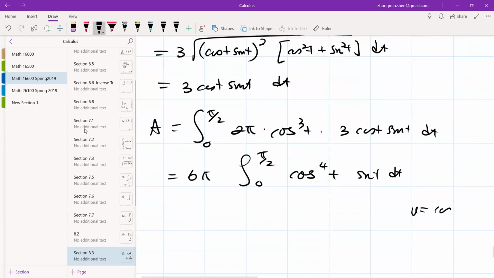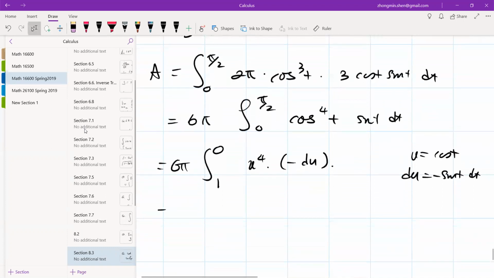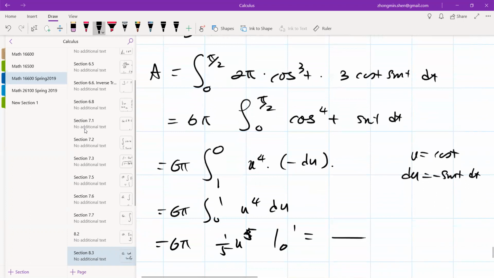You let u be cosine t. Okay, du equals negative sine t dt. So when t equals 0, u is 1. When t equals pi over 2, u is 0. And here is going to be u to the 4th power, and that's negative du. Okay? And the antiderivative of this function is going to be 1/5 u to the 5th. So the answer is 6 pi over 5.